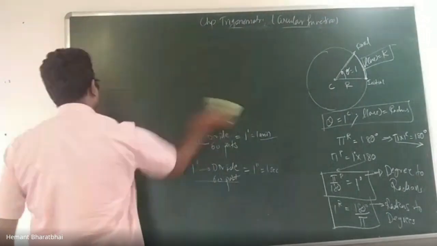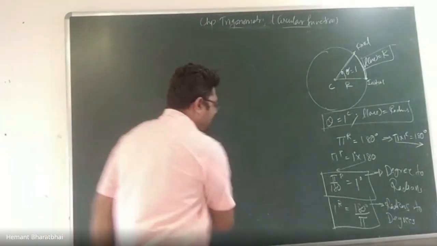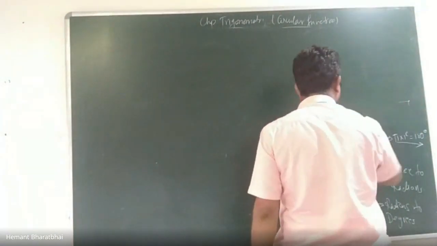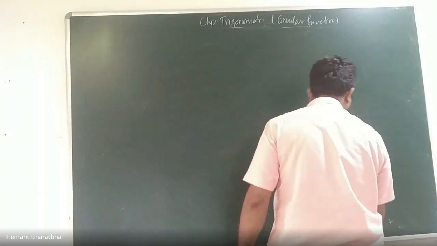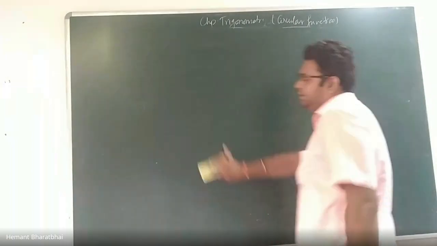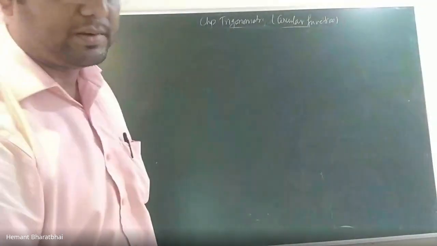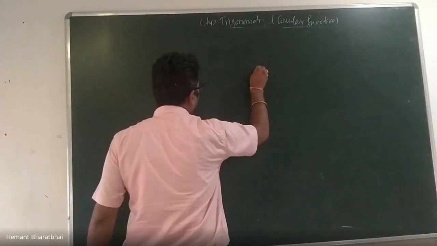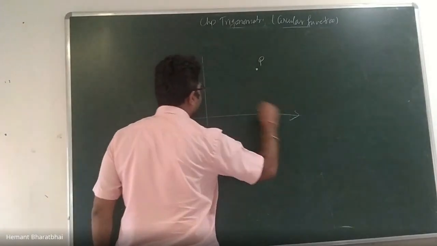Now we are going to see one more system, which we call the polar system. Till date, you have only seen one system, which we call the Cartesian coordinate system. If I want to locate a point on the plane, I draw an x-axis and a y-axis. Suppose there is a point and I want to know its position.